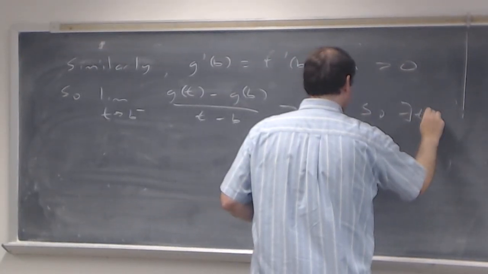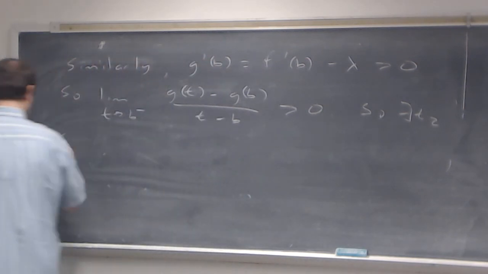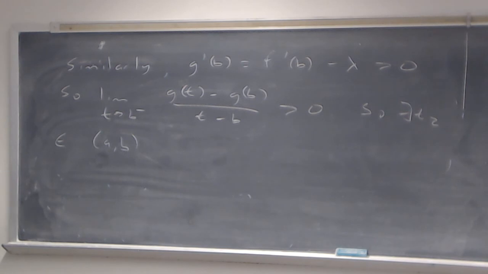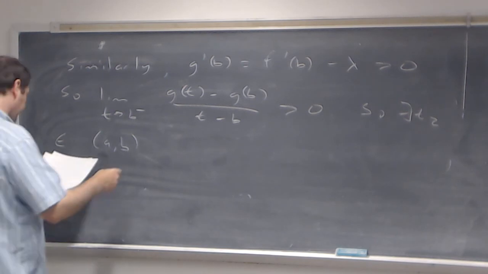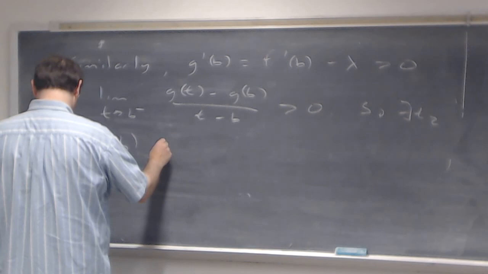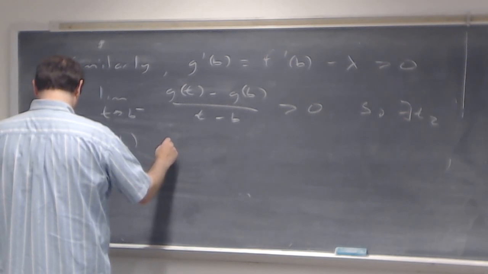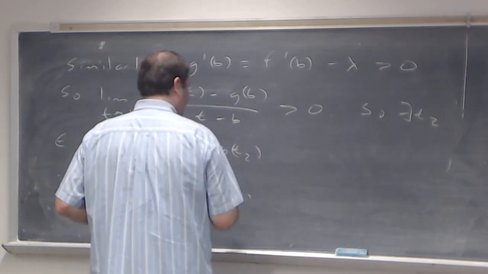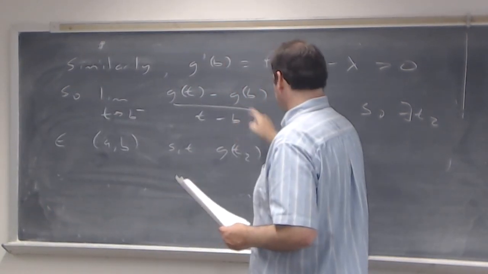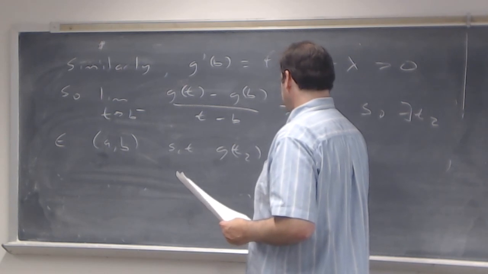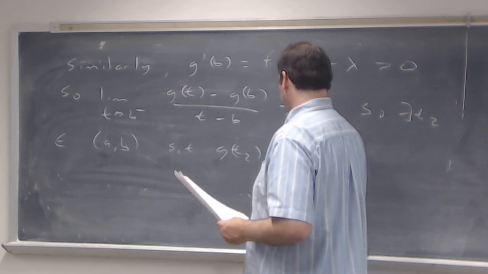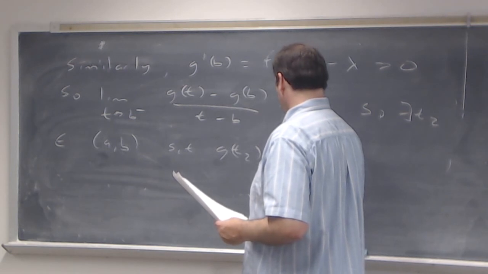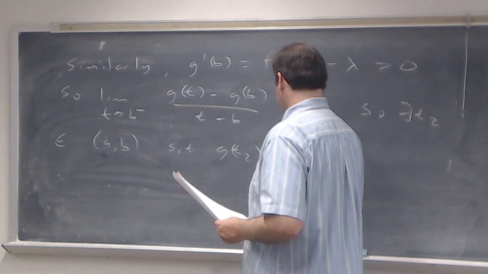So there exists a t sub 2 that's an element of the open interval from a to b such that g of t sub 2, let's see, the denominator is negative, so the numerator must also be negative. So g of t sub 2 minus g of b is going to be less than 0. So this is going to be less than g of b.